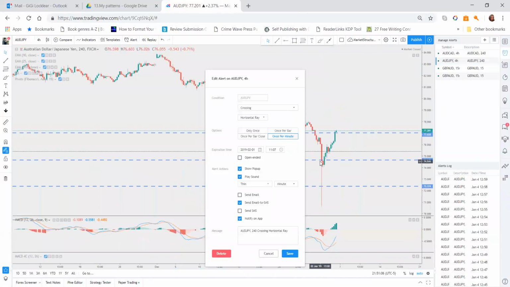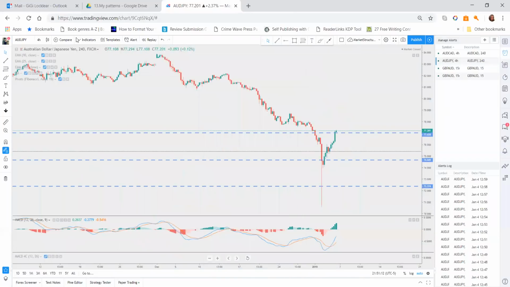And when it broke, my cell phone went crazy. But yeah, that's how you create an alert. You can create alerts on trend lines, EMA crossovers, and all types of things. If anybody's talking, I'm sorry, I muted everyone because of the background noise. You can unmute yourself if you have a question.